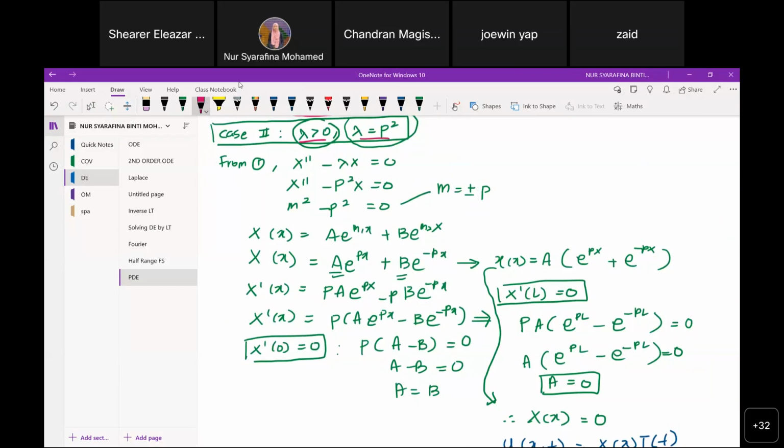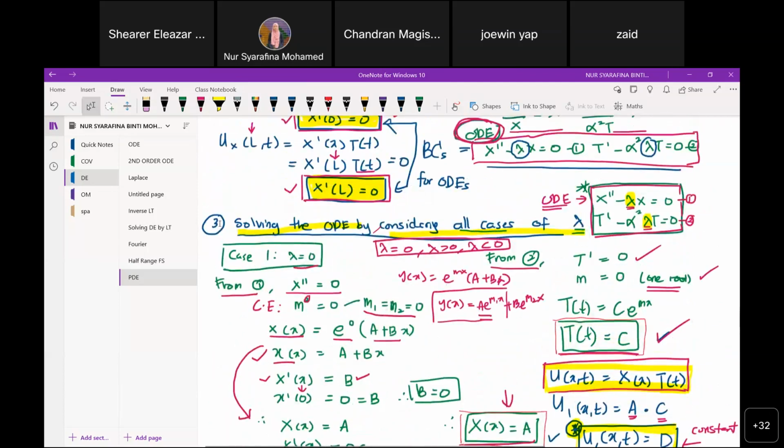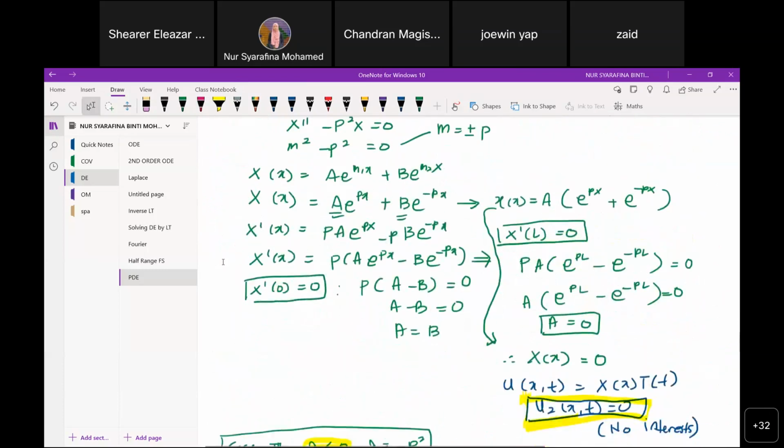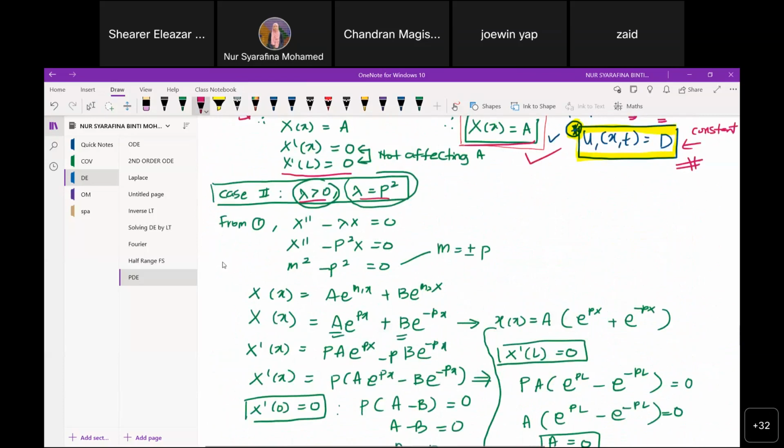Okay, so now for the second case, lambda greater than 0, lambda equals p squared. Substitute into the ODE here. So from the first equation, now this lambda becomes p squared. Then we change to the characteristic equation: m squared minus p squared equals 0.